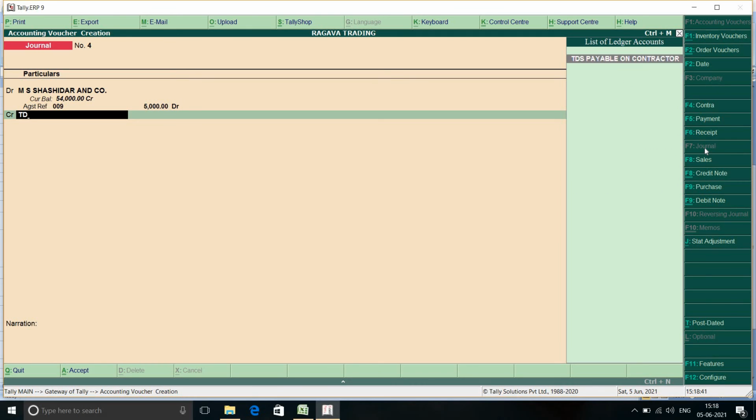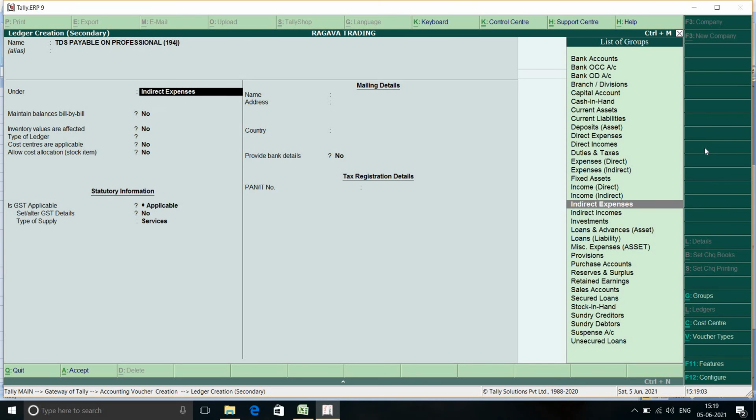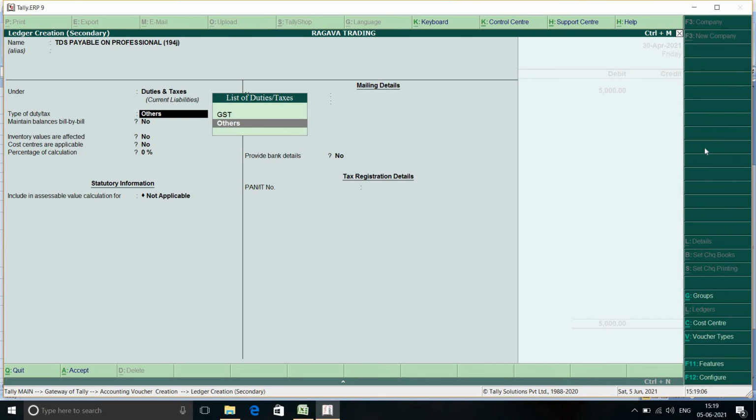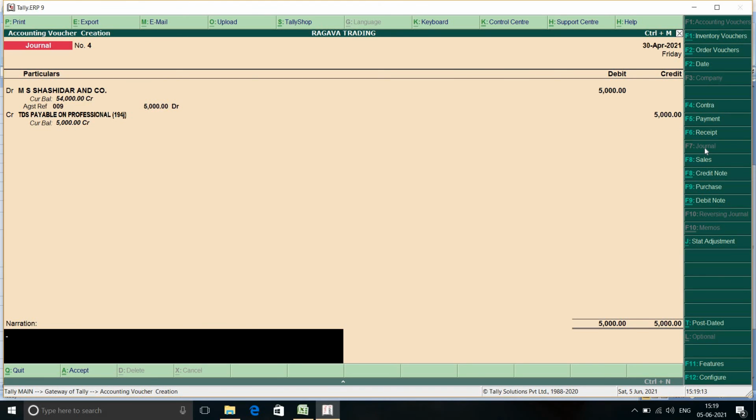Credit TDS payable on professional charges 194J, under duties and taxes, 5,000. Being TDS deducted.